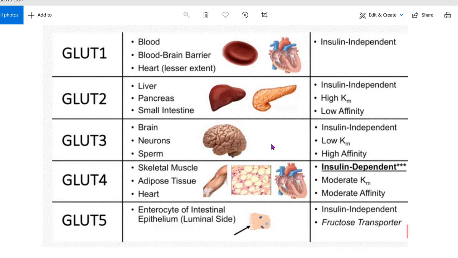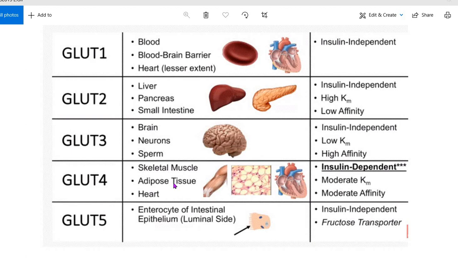Well, the next one you have is what we call GLUT4. GLUT4 is actually found in skeletal muscle, it's found in adipose tissue, and also in the heart muscle. So both skeletal muscle and heart muscle actually have GLUT4, and you also find them in adipose tissues.